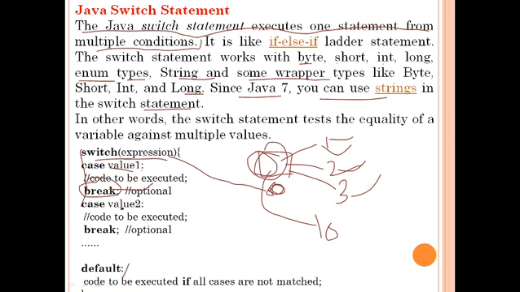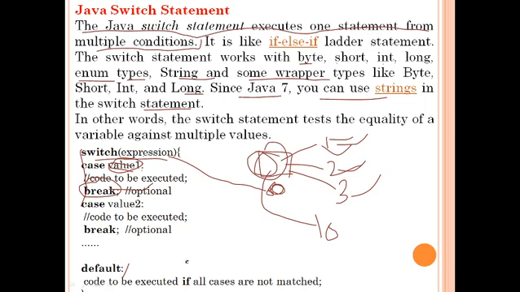When does it move to case 2 normally? When case value 1 does not match the value entered by the user. How many cases can you use in the switch statement? As many as you want. There is no limitation for that.